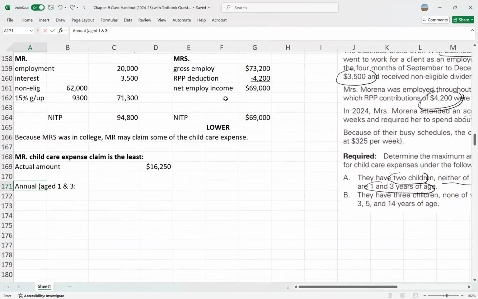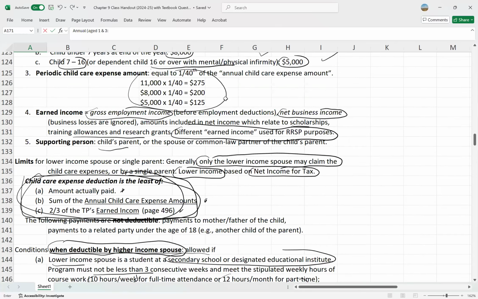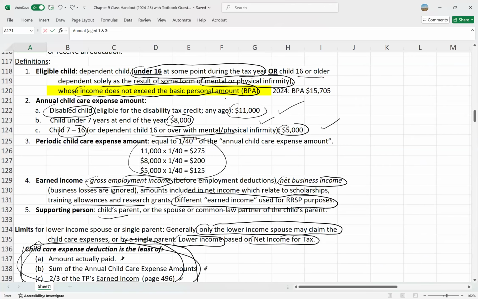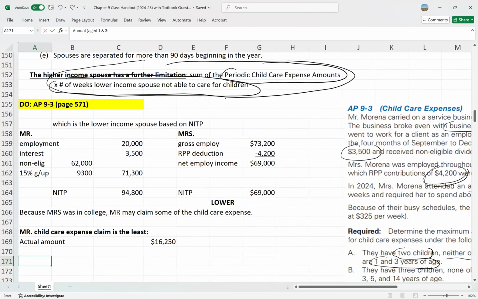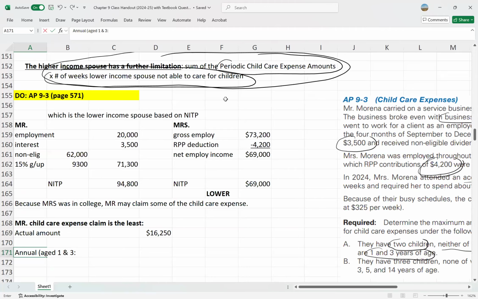And if we look at the annual amounts up here, if the kids' ages are under 7, it's 8,000 per child. So that's going to be 8,000 times 2. And so that's going to be 16,000. And then we have 2/3. Now this is his earned income.